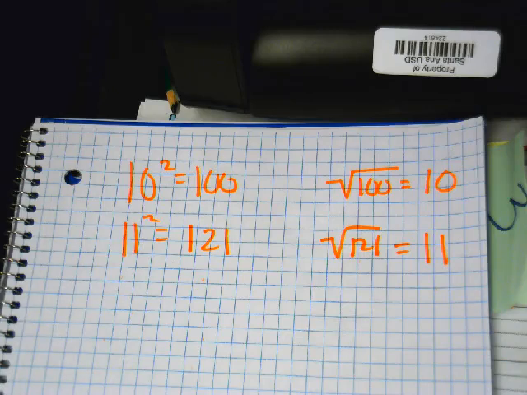Okay, so we're going to do all of them up to 20. You're in charge of 13, 14, 15 squared, 16, 17 squared, 18 squared, 19 squared, and then you guys are 20 squared.